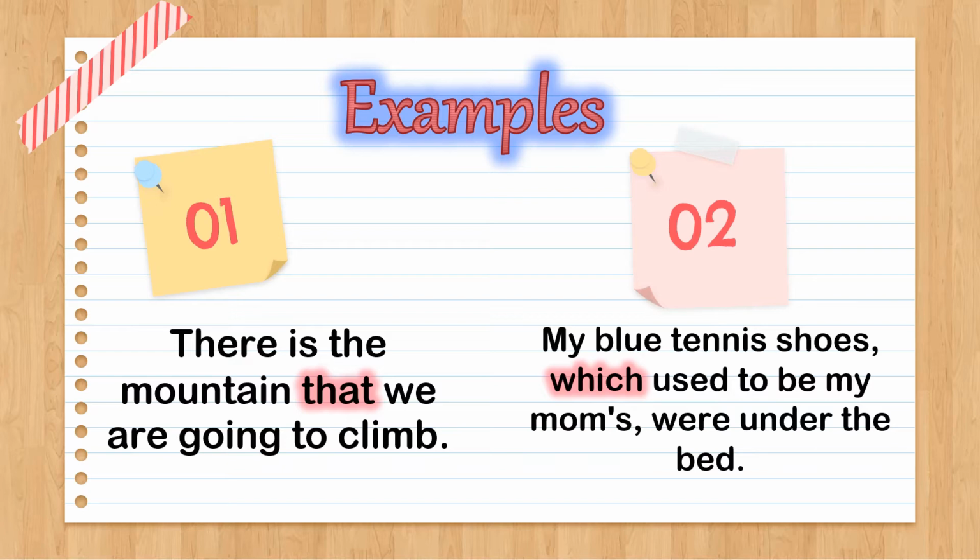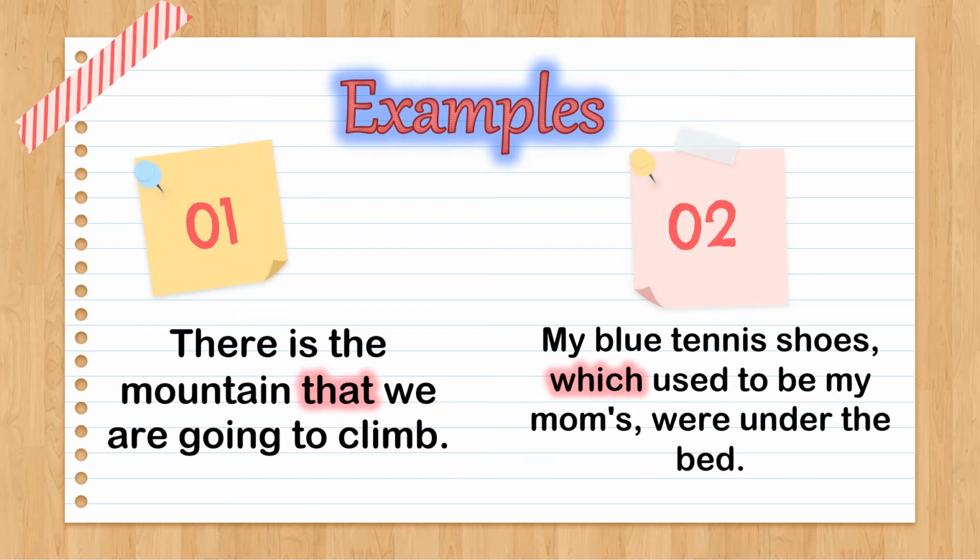Also you have the second example: My blue tennis shoes, which used to be my mom's, were under the bed. What is the antecedent here? Blue shoes, right? Or shoes in this case.